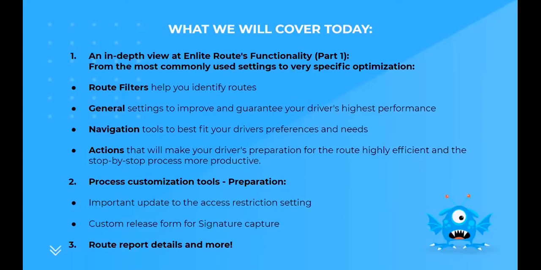Then we jump to the second section of today's routes functionality settings, which will include the customization tools, such as restriction to access settings by adding a pin and custom release form by signature capture. And at last, by the end of every route, a route report will be sent with great details so you can rest assured that everything is working properly.